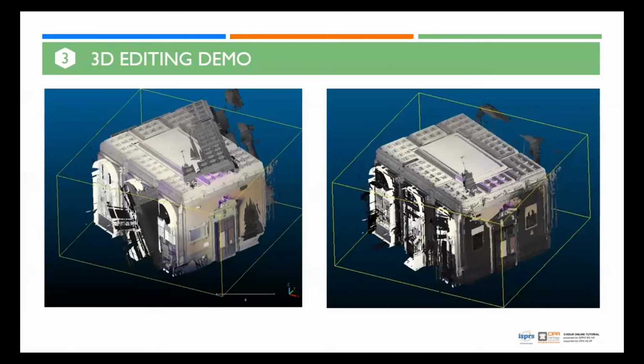But this is not the only tool for registration. There is another tool called ICP, the iterative closest point tool, with which we can see how, even if we don't have targets, we can somehow try to register this info and align it correctly, or as much as possible we can do.